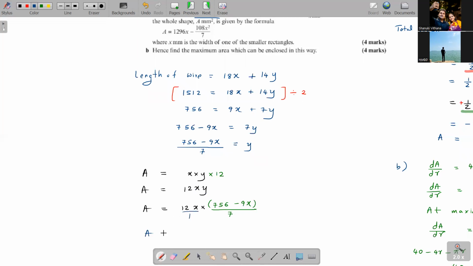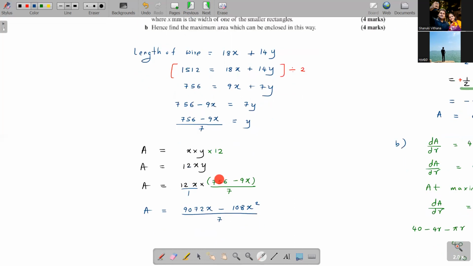So let's open the bracket. 12 times 756 is 9072x minus 12 times 9, which gives me 108. x into x is x squared. Whole thing divided by 7. Do you understand my simplification?